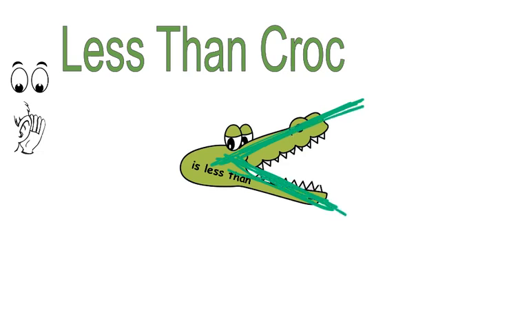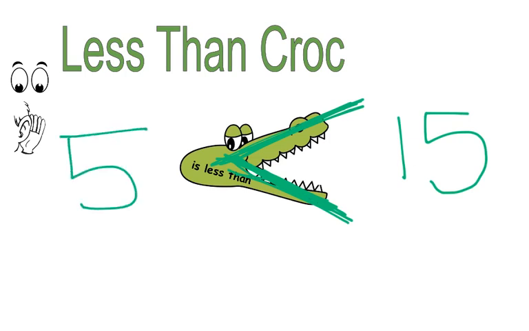So he's still going to eat the bigger number, but the bigger number is going to be on the right side, because we read it, remember how we said our goal was we read it from left to right?